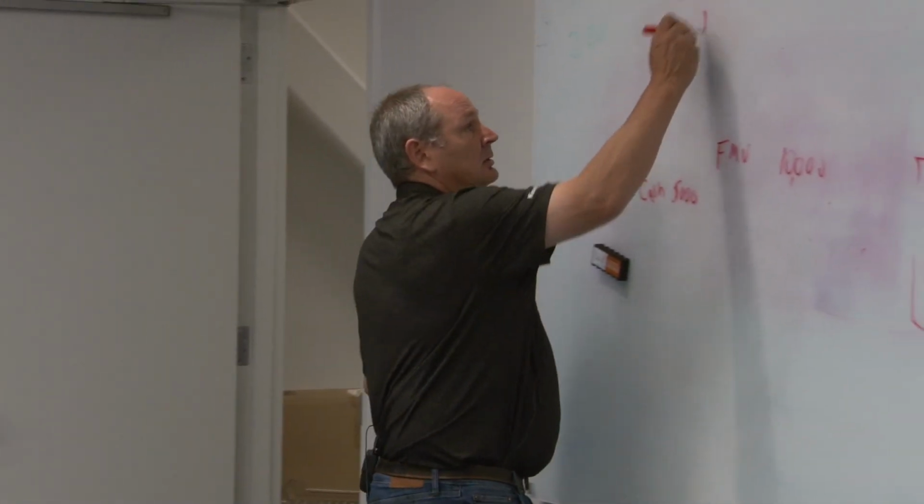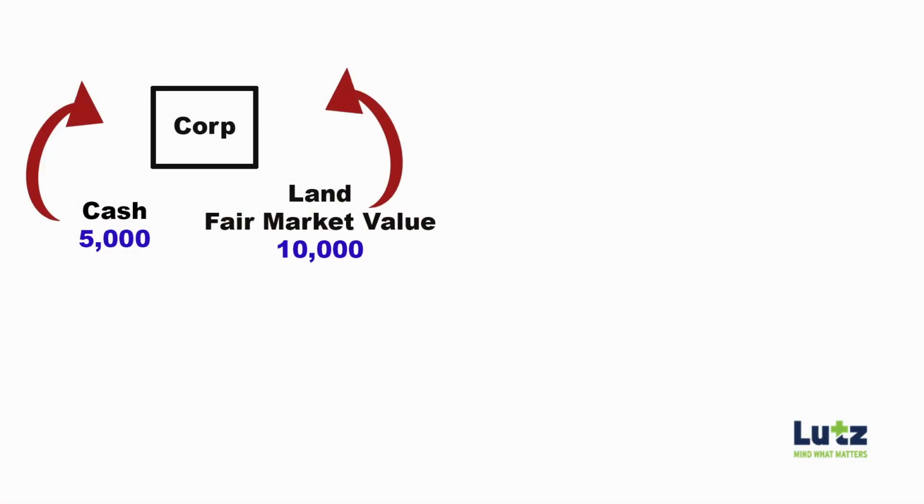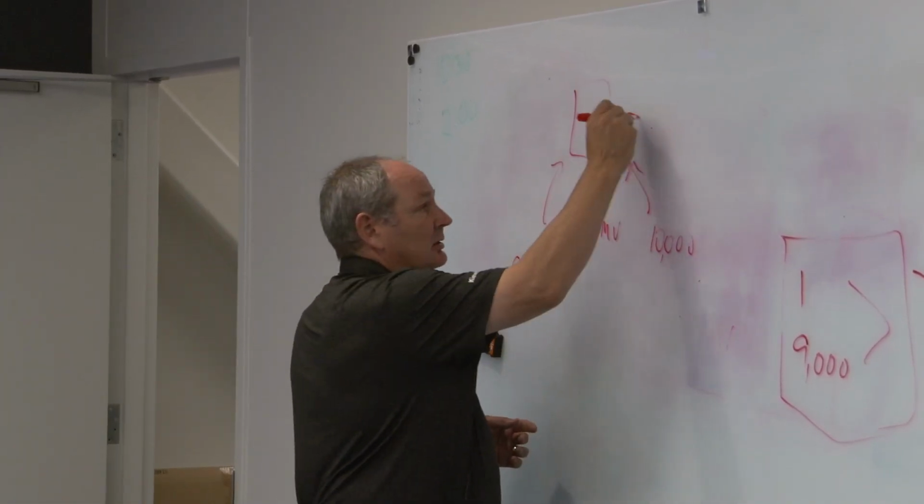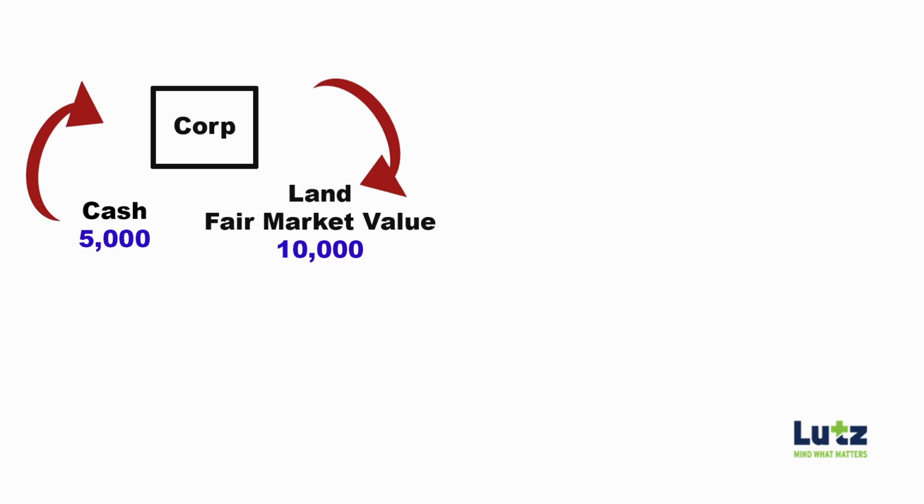So where I've seen this come into play is both the cash and the land go into the corp. But my cash does a U-turn and comes out to Jimmy. So now Jimmy put in 10 and got 5 back.